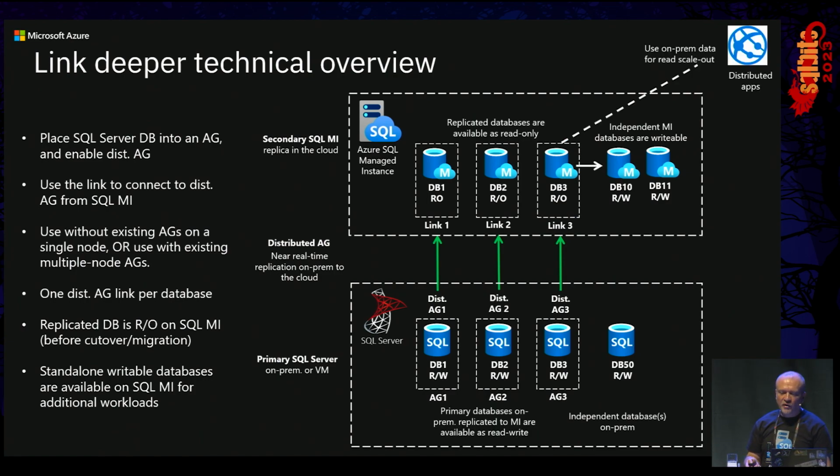Also important to note, you can have independent databases on MI. In MI, all of those databases replicated from on-prem are automatically backed up in Azure. So if you replicate your database on premises to managed instance, within a couple of minutes, automatic backup kicks in, and all of your on-prem content is also automatically backed up in Azure.